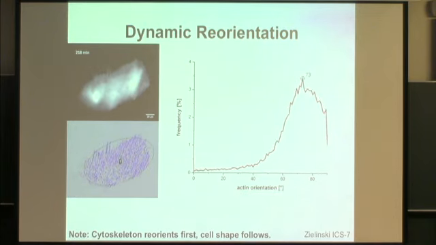What you might have noted, it's difficult to look at 3 panels at the same time, is that the stress fibers rotate faster than the cell body. So the stress fibers come first and then the cell body follows later, which is reasonable because the stress fibers are tensile structures and they have to take the force and the strain. So something is happening to them if you pull on the carpet.